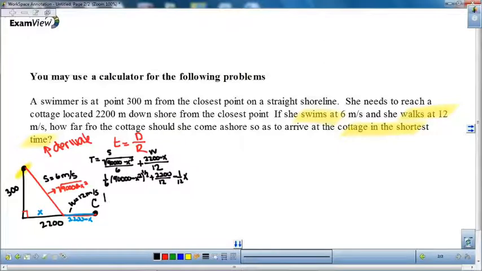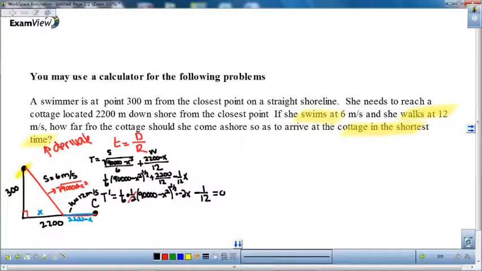Okay, so I'm going to go ahead and take the derivative. I'm going to have 1/6 times 1/2. Everything on the inside stays the same. I'm using the chain rule, subtract 1 times the derivative of the inside. The derivative of 2,200 over 12 is 0, and the derivative of 1/12 x is negative 1/12.